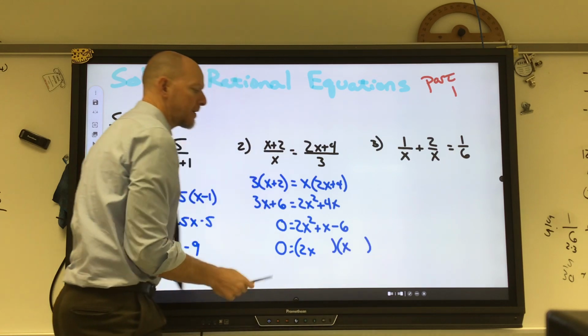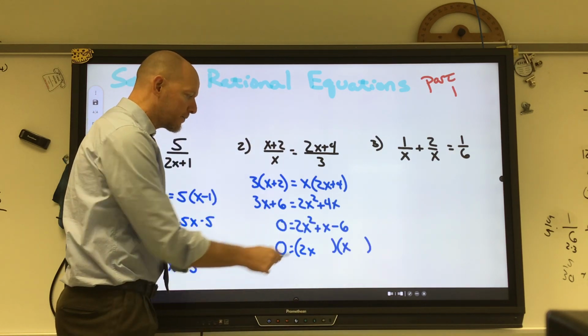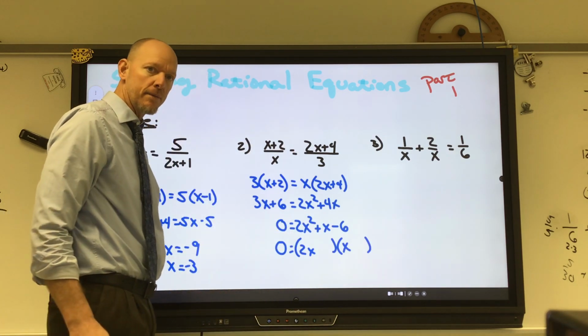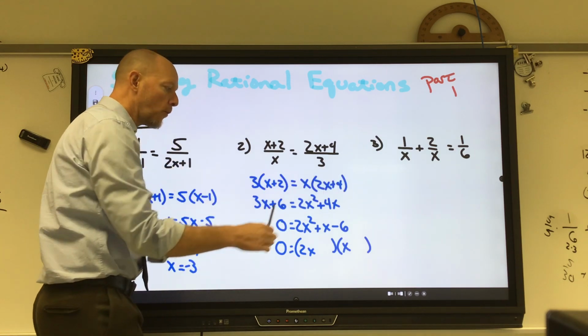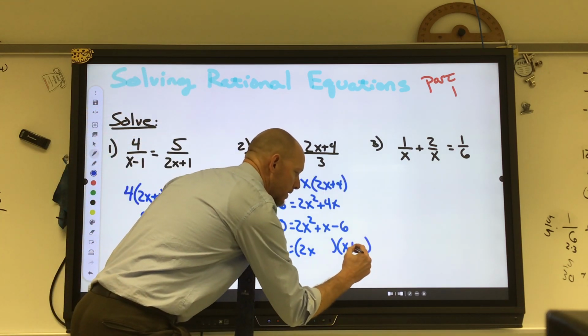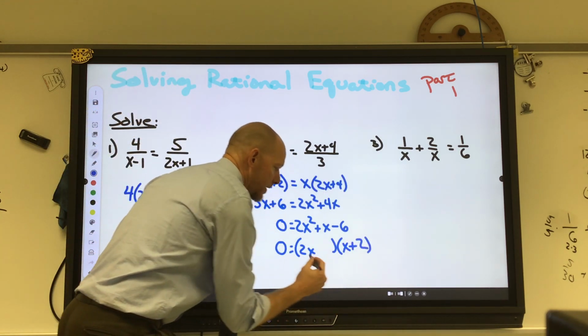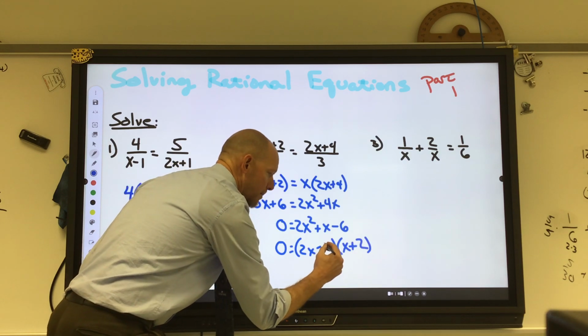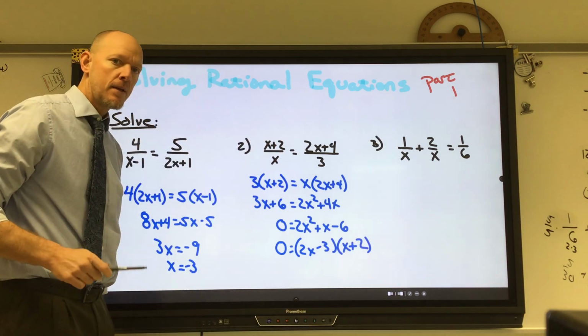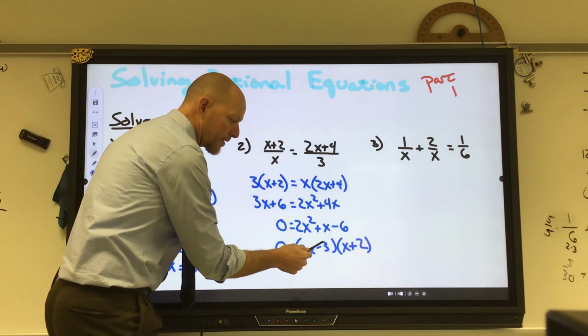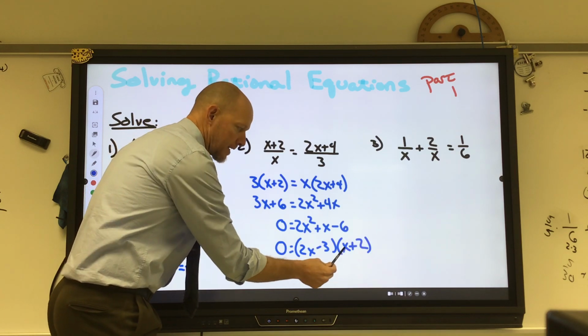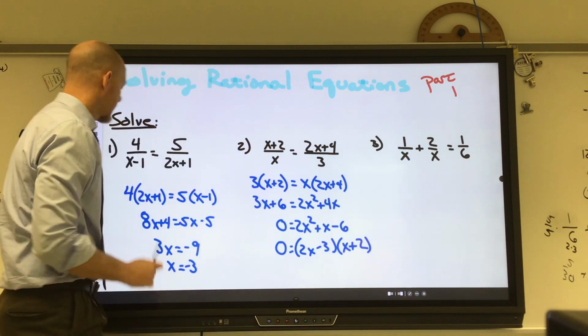I would like to factor this. I'm envisioning factors of negative 12 that combine to give me positive 1, which I know are going to be 4 and negative 3. So this is going to be plus 2 to give me my 4, and this would be my minus 3. Again, we double check, going back to our quadratic: here's a negative 3x, here's a positive 4x.